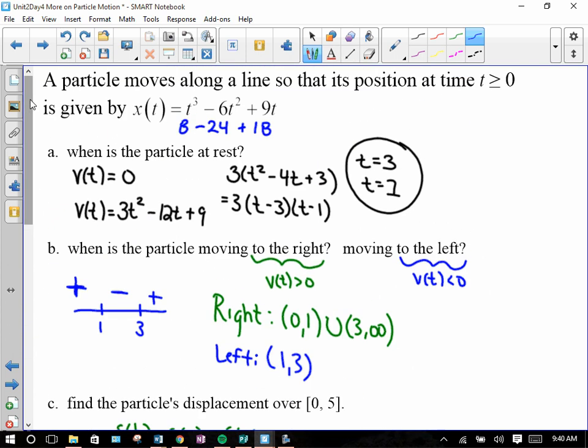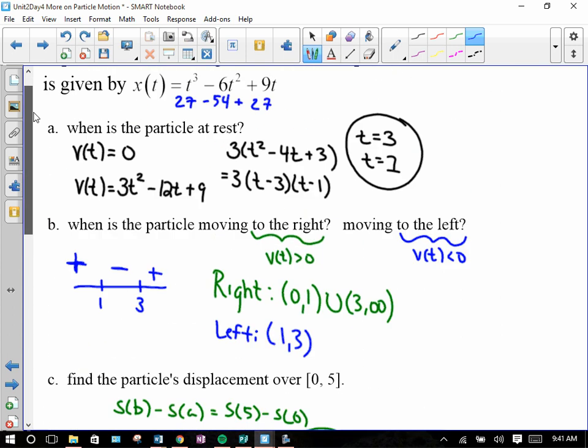Three's next. That's 27, minus 3 squared is 9, times 6 is 54. 27 minus 54 is negative 27, plus 27 is 0.